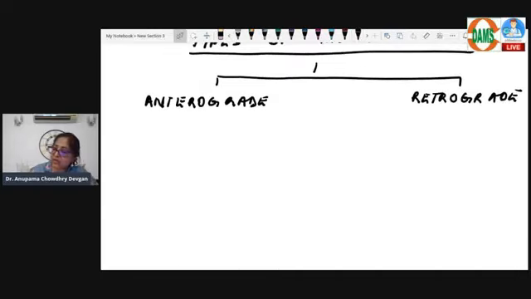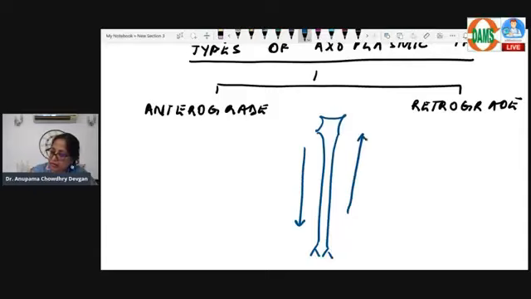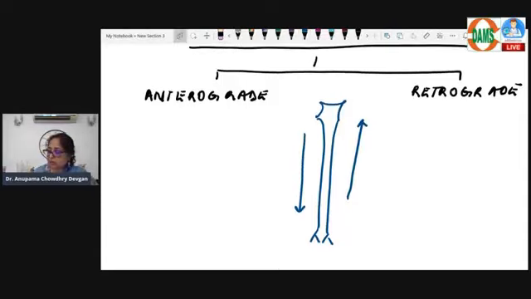What is anterograde and what is retrograde? Anterograde means away from the cell body. Retrograde means towards the cell body. Anterograde transport is further divided into fast anterograde and slow anterograde.